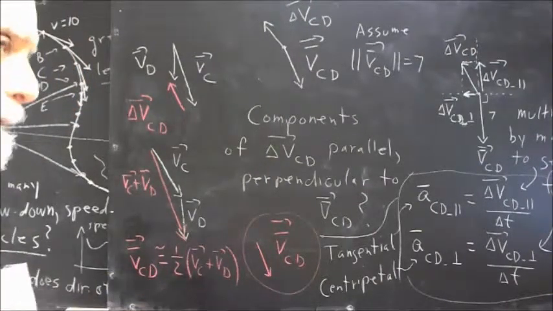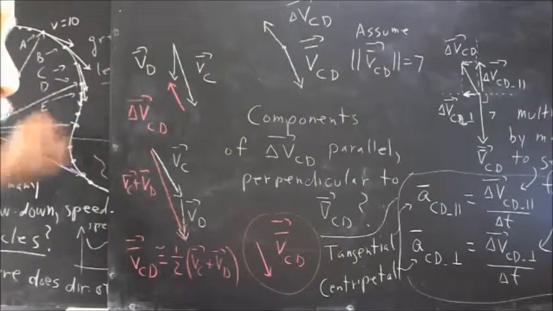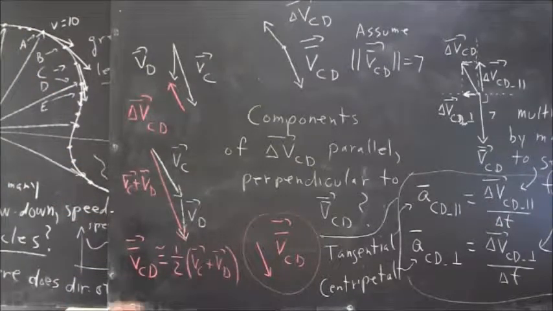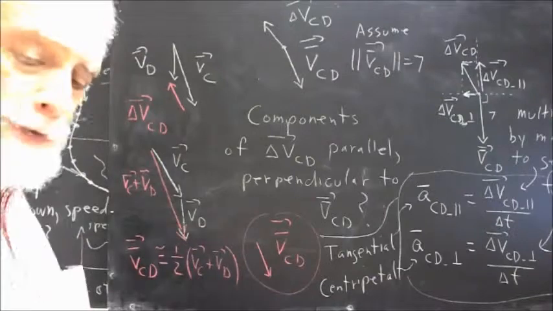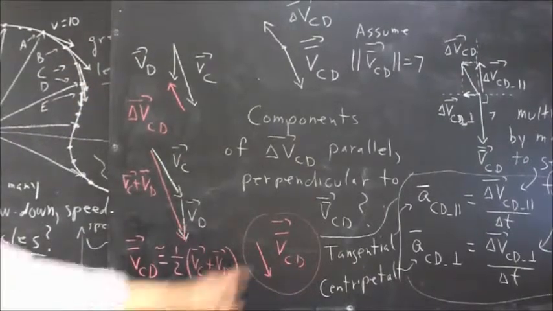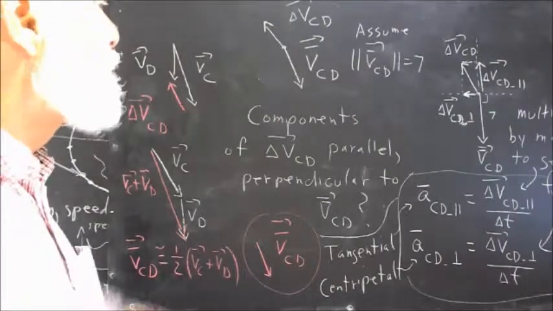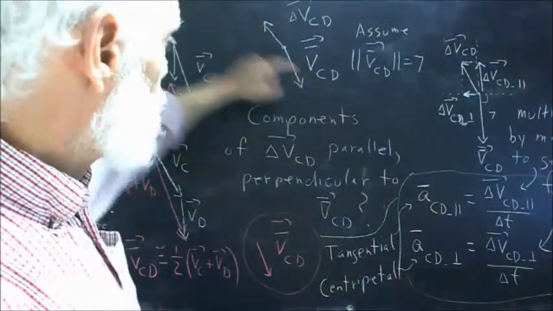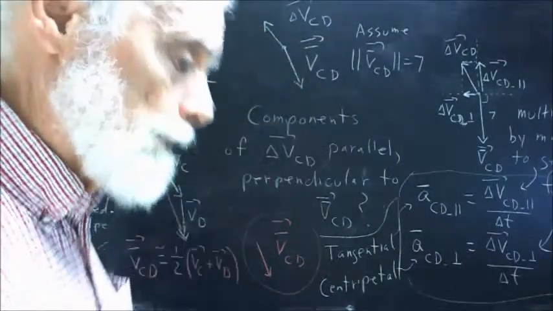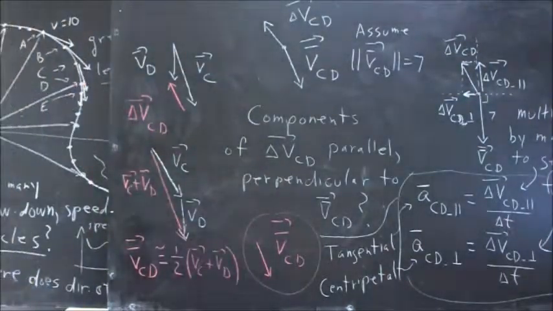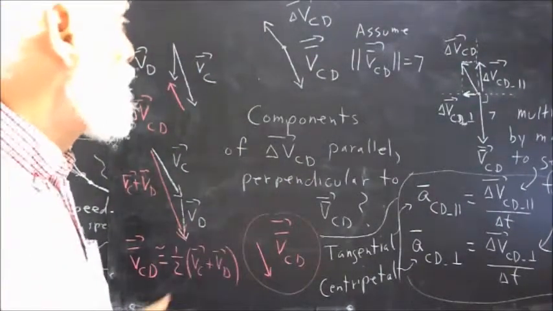That's not a bad approximation, especially if the intervals are short. So we now have an approximation to the average velocity, V bar CD, and we can now sketch the delta V vector and the V bar CD vector and ask what they tell us.